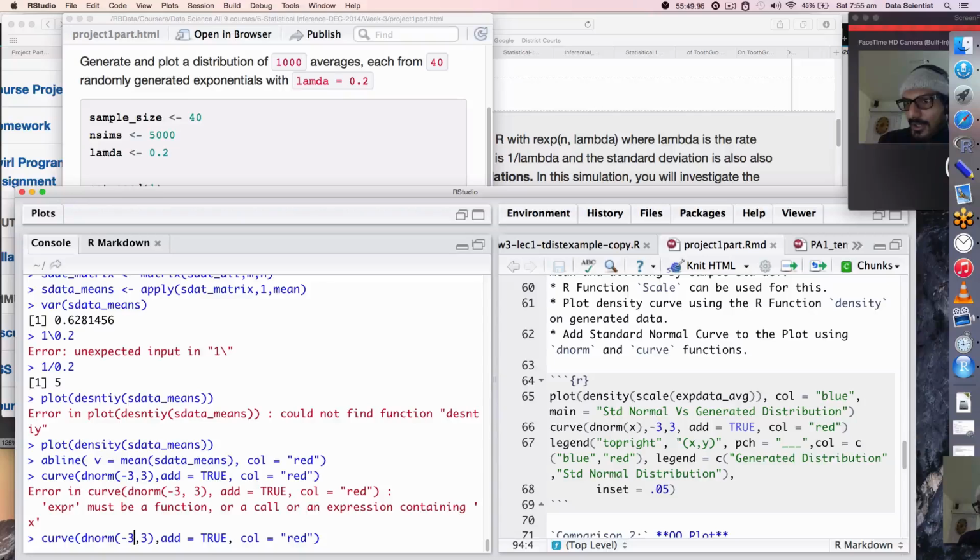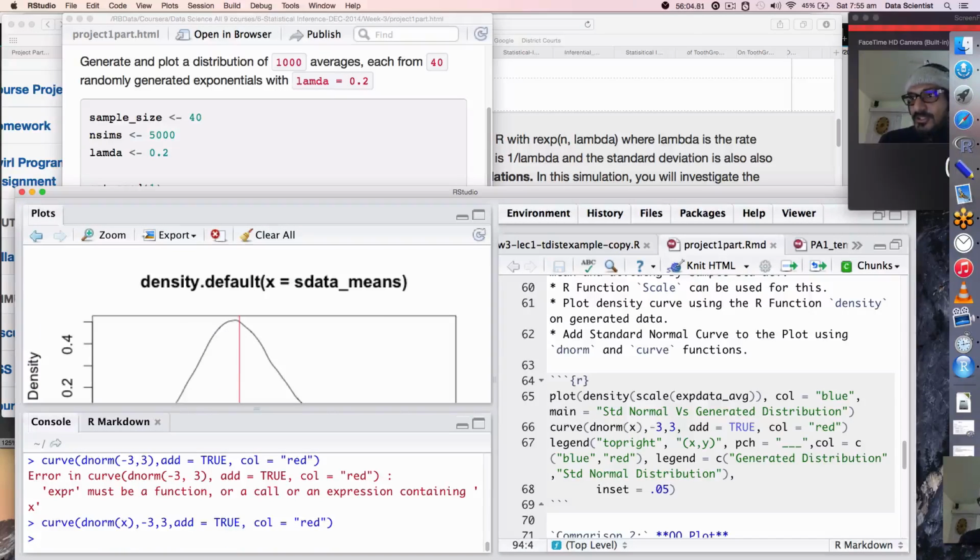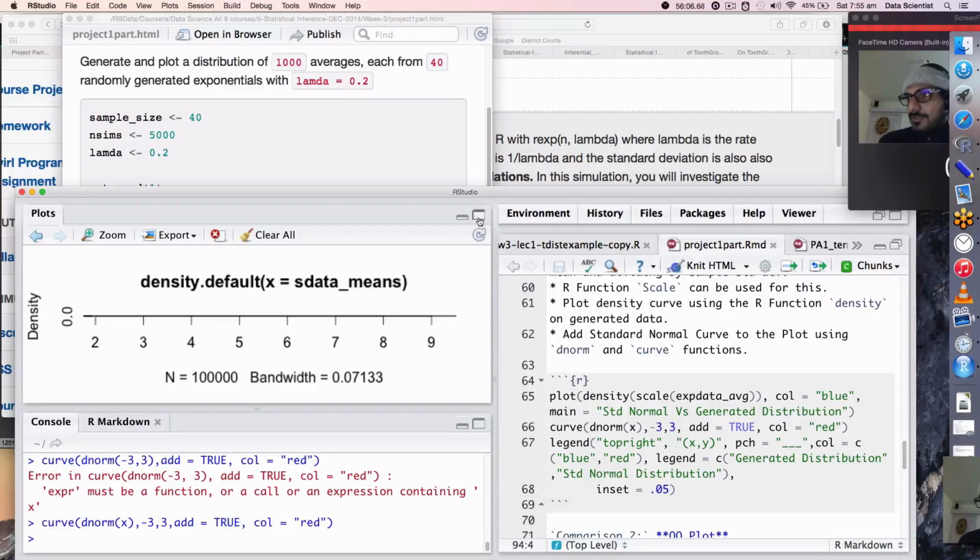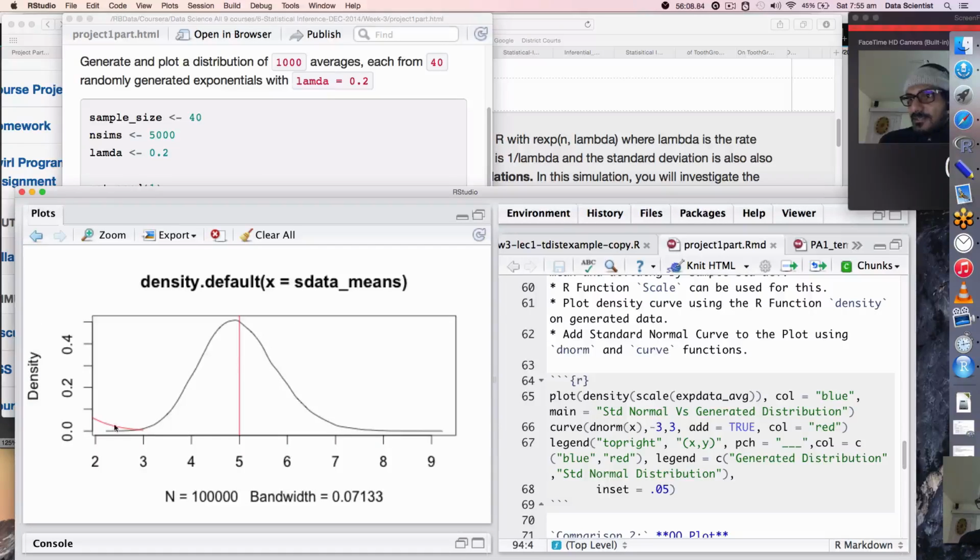Sorry. How it works is this way. I say x. So basically curve plots any function, by the way. All right. And then I say the lower limit and the upper limit. So wait, let me explain the curve function to you first. So what has the curve function done? It has plotted. What went wrong?